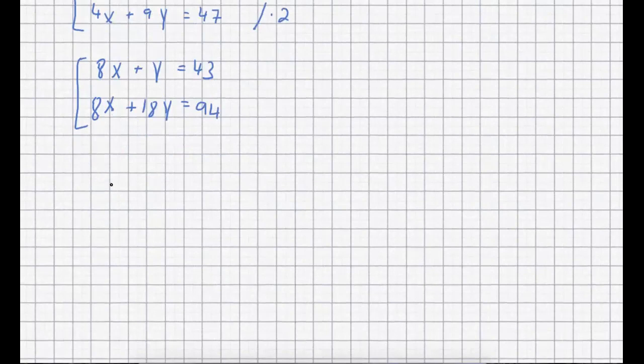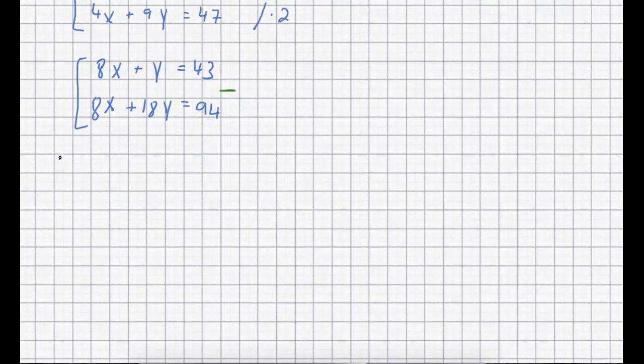Now you just subtract from the top to the bottom. So you do 8x minus 8x is 0. Don't even write it. Let me teach you my way, which is a little bit longer, but you will not make any mistake. Okay? So we do this one minus this one, right?